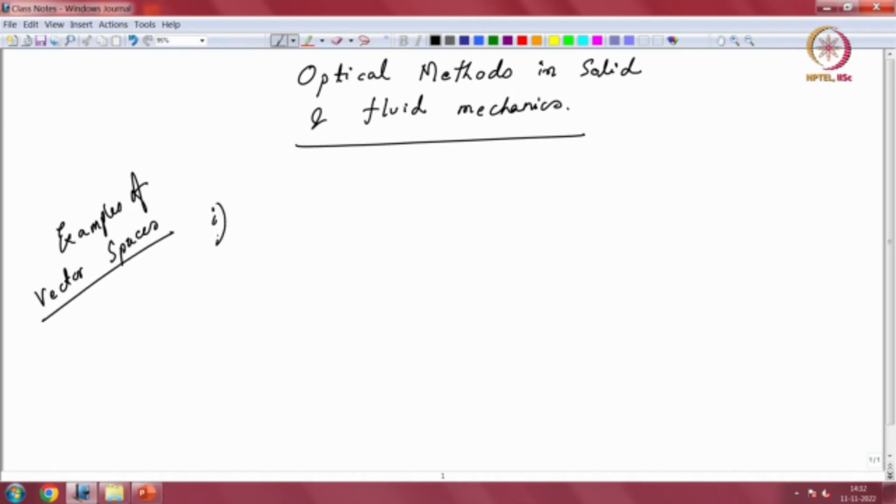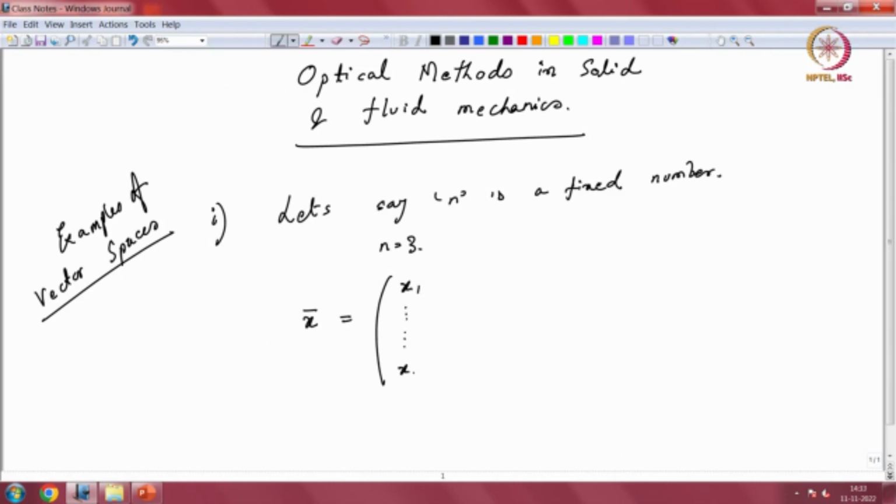Number one, let's say that n is a fixed whole number, an integer. So n here is some number that you've already fixed. Let's say n equal to 3. Then you define a column vector with scalars x1 all the way till xn.